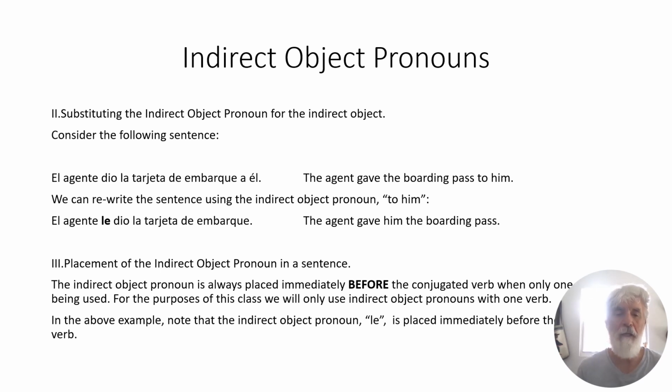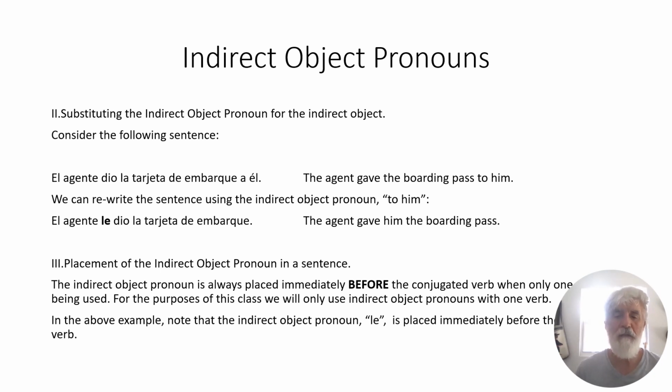That the agent gave the boarding pass to him. Now, instead of saying to him, let's get the indirect object pronoun. It'll be le. So let's substitute it back in. El agente le dio la tarjeta de embarque. The agent gave him the boarding pass. That's how we would say it.